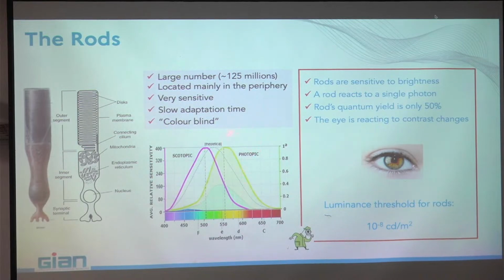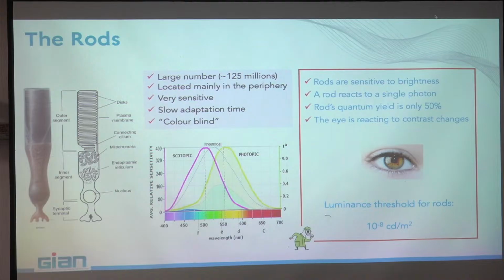When you are in daylight, they are working in photopic conditions. When you are in a night without moon, without any source of light beyond the stars, they are working in scotopic mode. You pass from yellow-green light here to more bluish light there. I will speak about that. And in two light conditions, the response is in between.